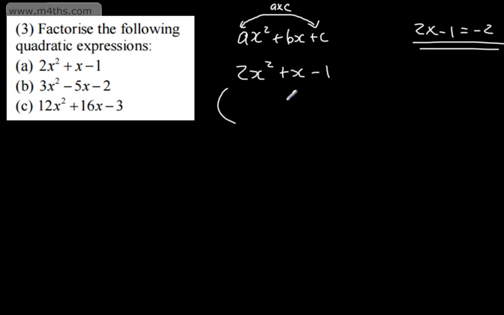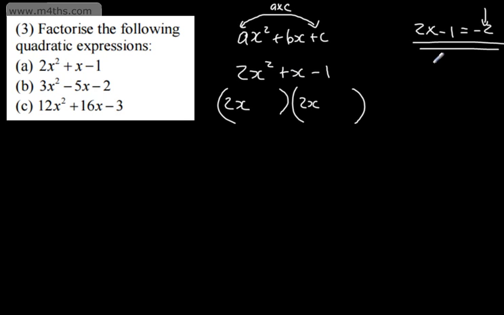At this stage, I'm going to cheat a little, and instead of putting x in the front of each bracket, I'm going to put 2x. So 2x and 2x. We can see now that we've got this negative 2. So what I'm going to do at this stage is find two numbers that multiply to give negative 2, but add to give positive 1.